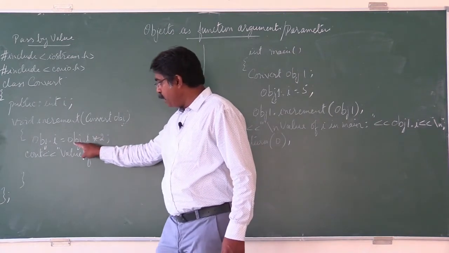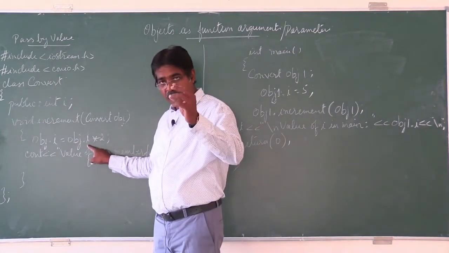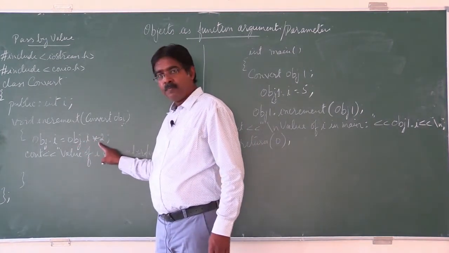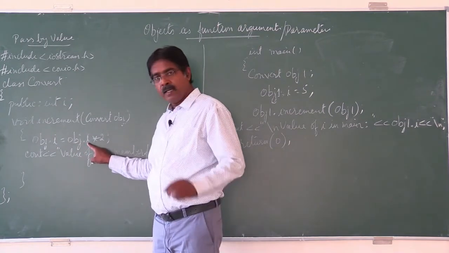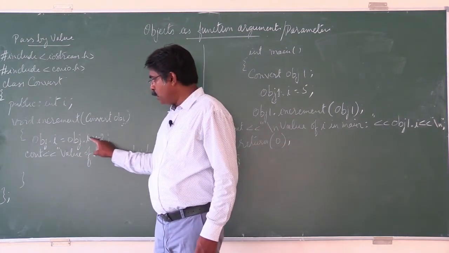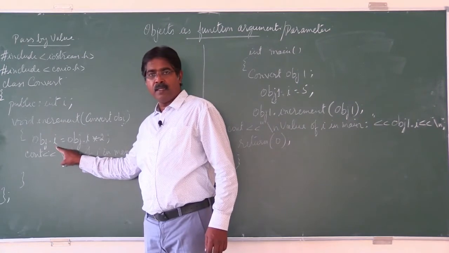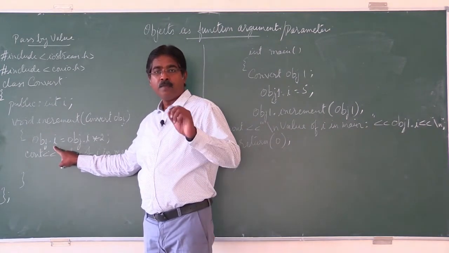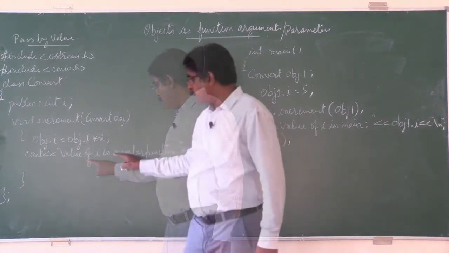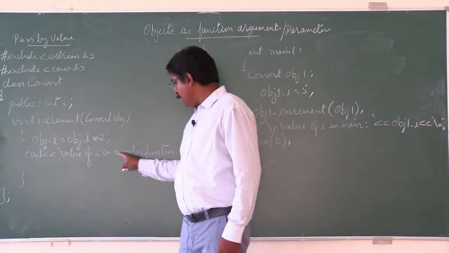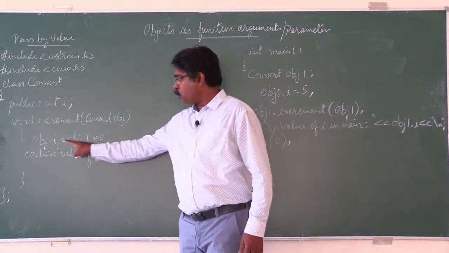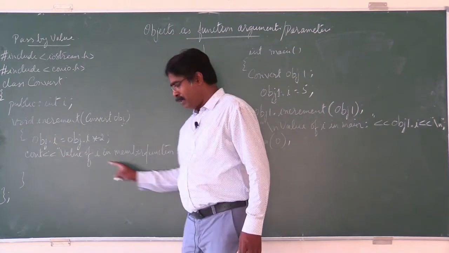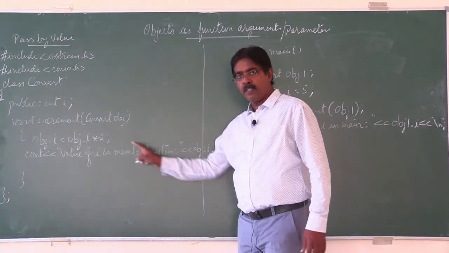Now, obj.I, that is 5 into 2, is 10. Hence, the value of I in member function will be 10.